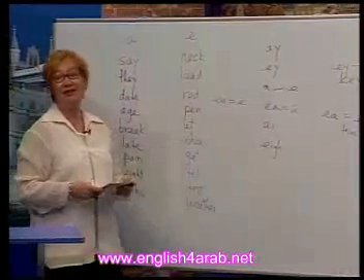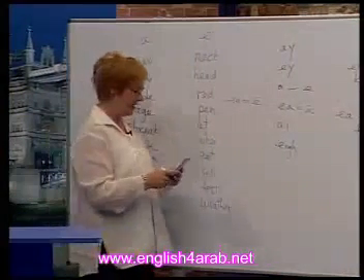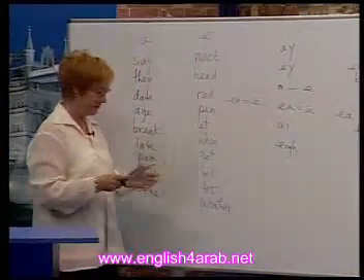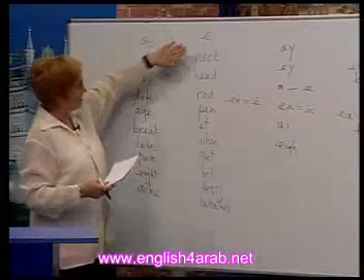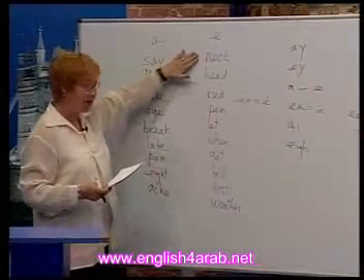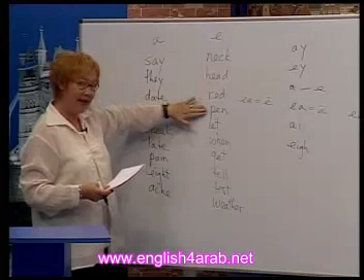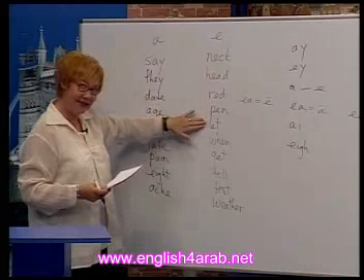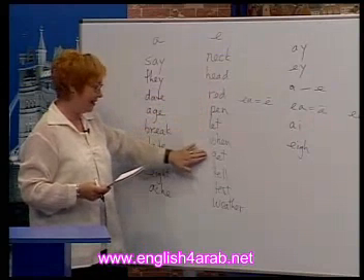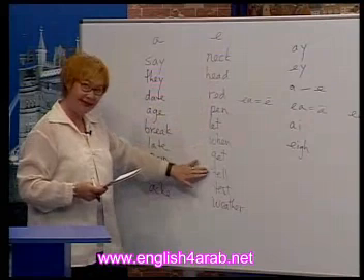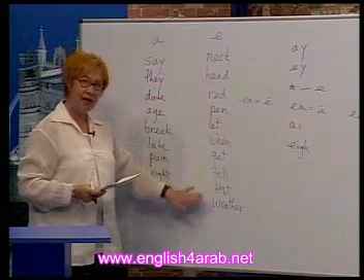Oh, English is very interesting. Okay? You just have to learn these. All right, now if we look at these again, we have neck, head, red, pen, let, when, get, tell, test, weather.